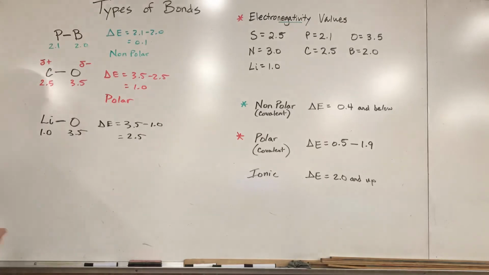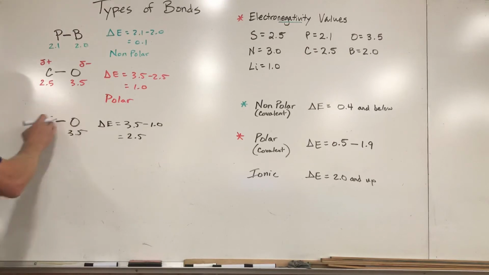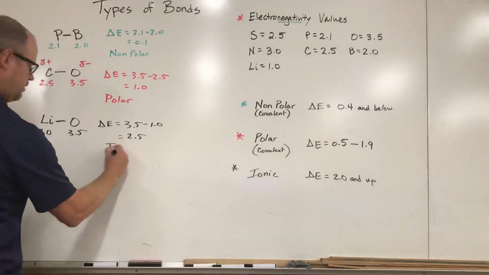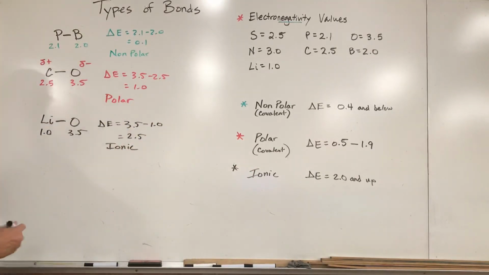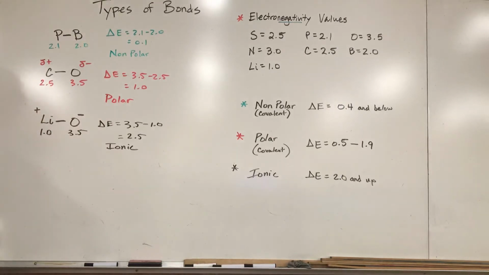That's the difference in the strength of electronegativity. That's a big difference. In this case, oxygen is so much stronger than lithium that oxygen just rips them away. And this becomes an ionic bond. Okay. Ionic means they trade or just transfer electrons. So oxygen just tears the electrons away and keeps them. So that means this side is completely negative and this side is completely positive.